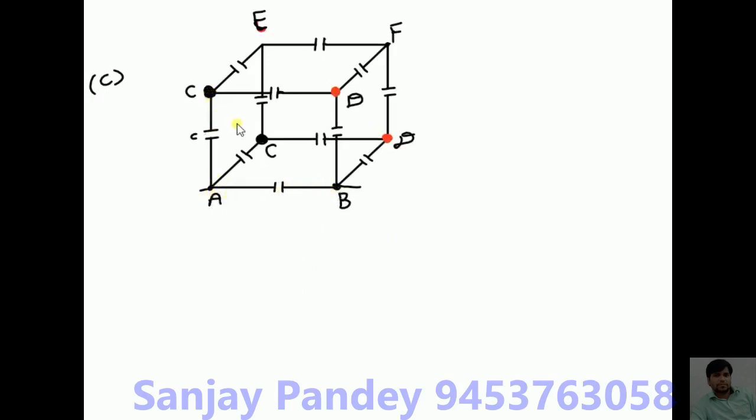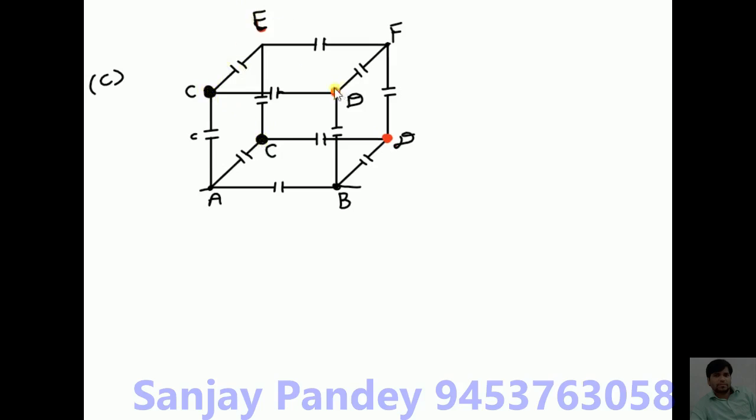Now we will calculate the net capacitance between these two terminals A and B. These two positions C are symmetric positions because between A and C there is only one capacitor, and between this C and A there is also one capacitor. Then from C to B we encounter two capacitors, and along this branch we also encounter two capacitors. So these positions are symmetric, and we can say that these two points are equipotential points.